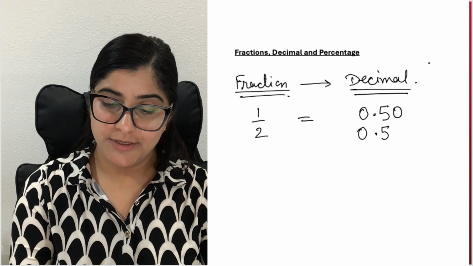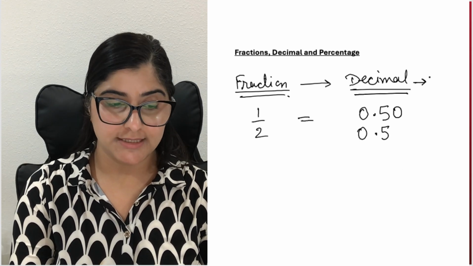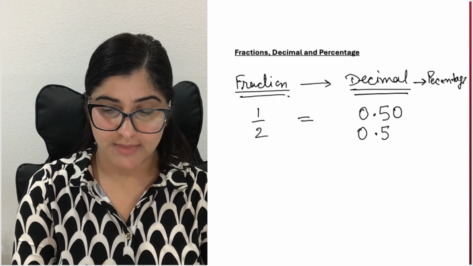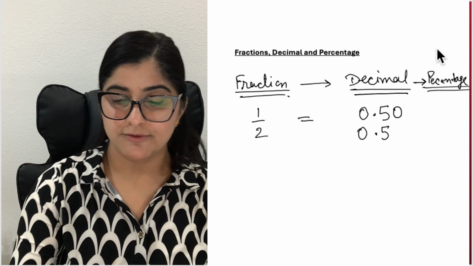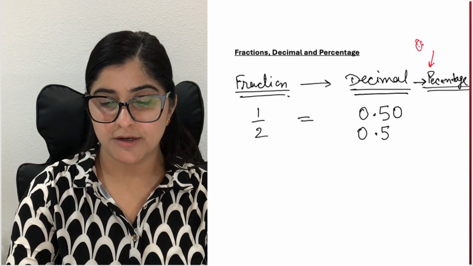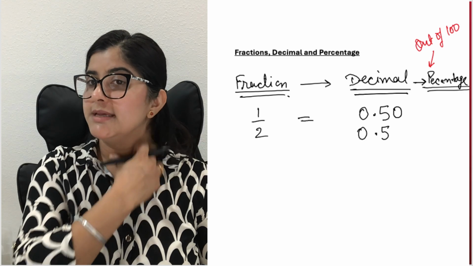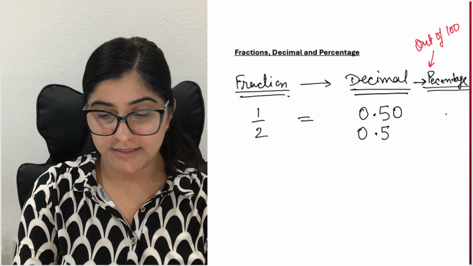So now we are going to learn, if you know the decimal, how to change that to a percentage. Percent you can see as out of 100. So percent is always out of 100. That means in percent we need 100 in the denominator.